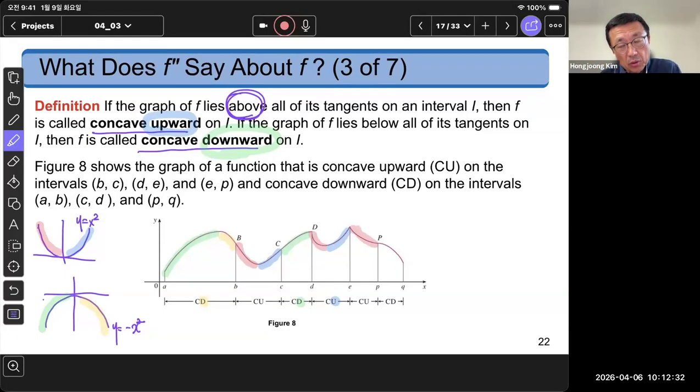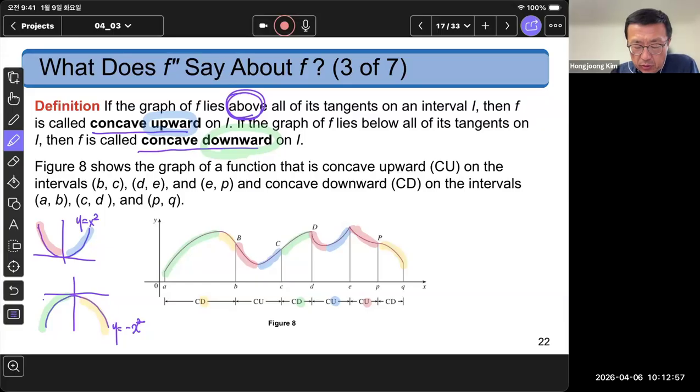So it is also concave upward. And then between P and Q, my function decreases, and the decreasing pattern is now similar to that of y equals negative x squared function. So that will be concave downward.